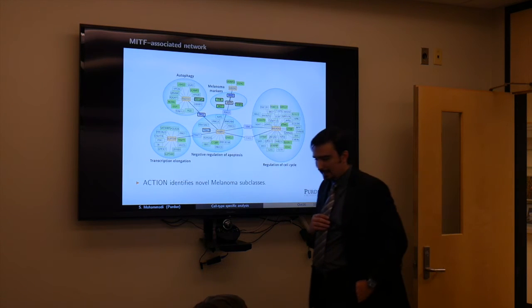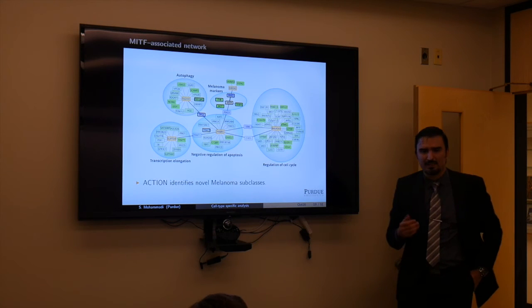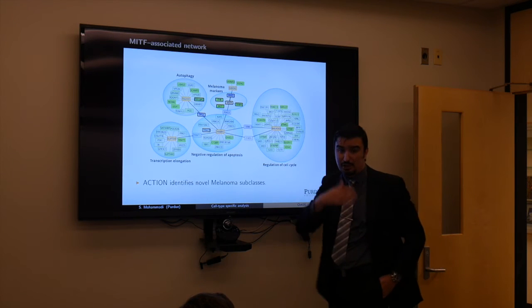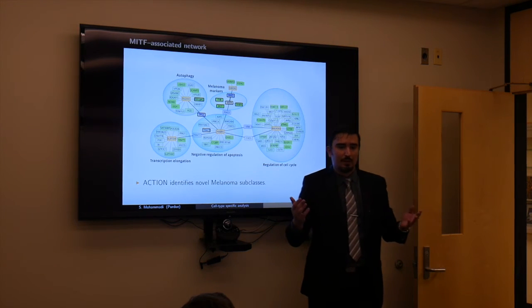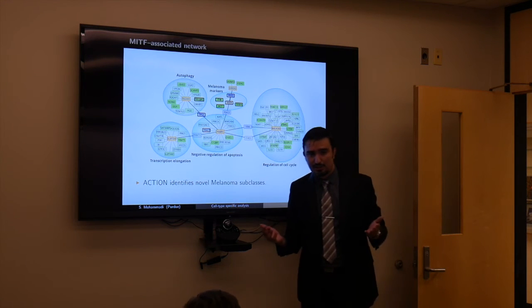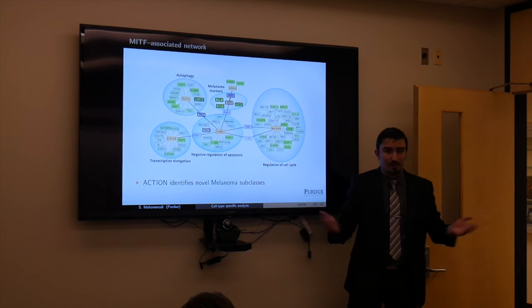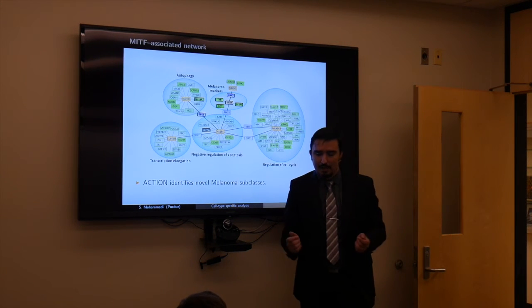Okay, so we start from a transcription regulatory network, a generic one. These are all possible interactions between transcription factors and target genes that can happen in any given context. Some of them might be false positives, some of them might be missing.